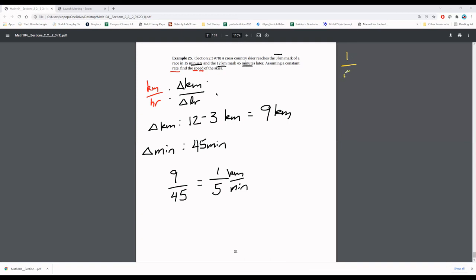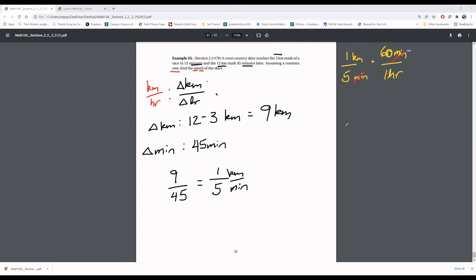We can use the fact that there are 60 minutes in an hour. I come over here and just do some side work. That kilometers per minute. How many minutes in an hour? There are 60 minutes in an hour. If I want the units to cancel, they need to be diagonal from one another. So I put minutes up top here. And these will cancel.